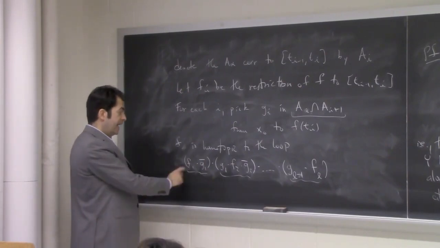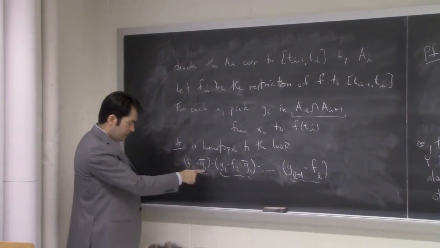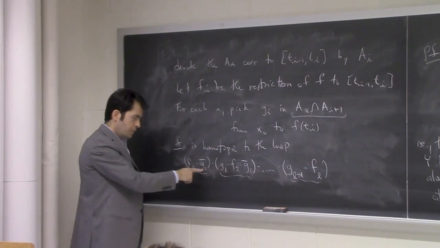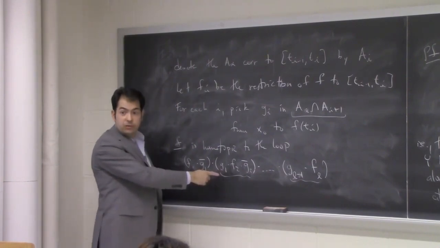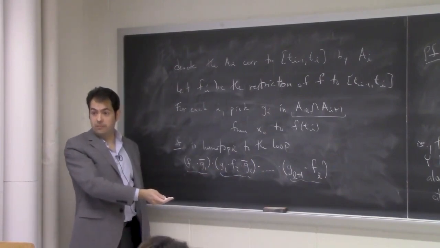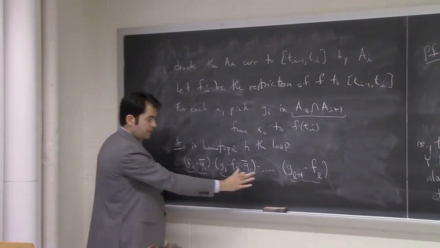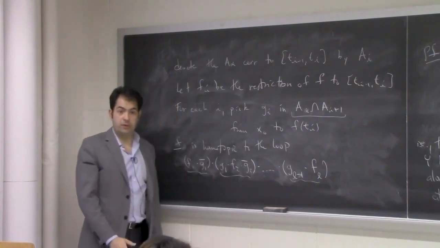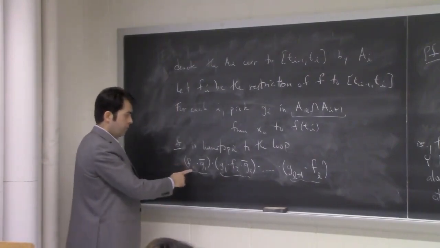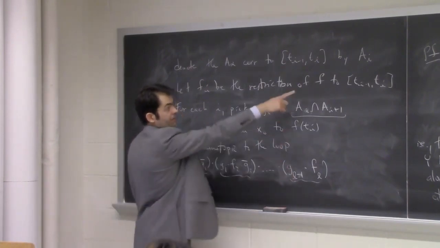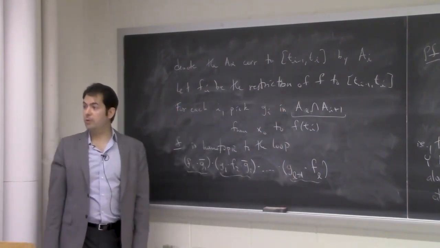This is homotopic to F because we know that if you do a path and then its reverse path, that's homotopic to the constant, right? So each of these pairs cancels in homotopy. So you just end up with F1 dotted with F2 and so on, and that's exactly F up to reparameterization.